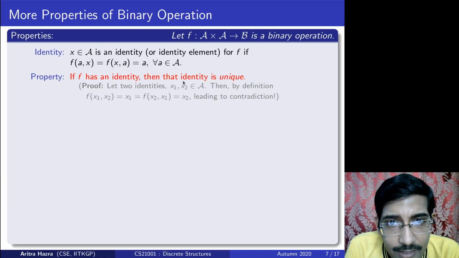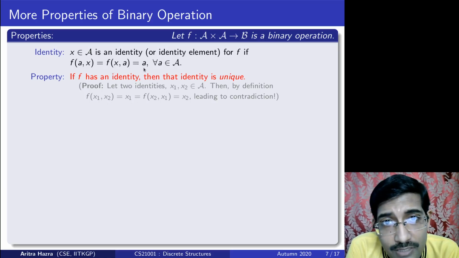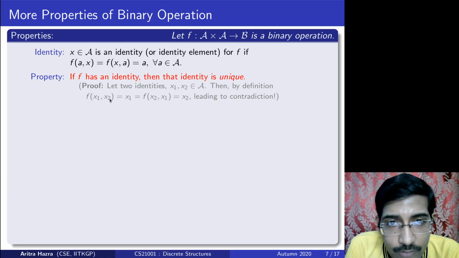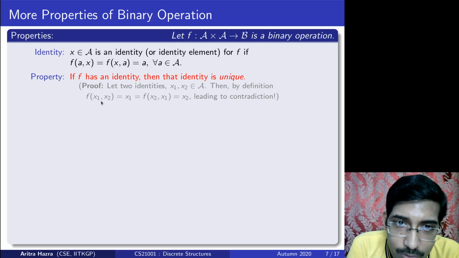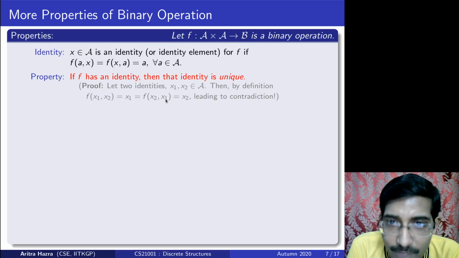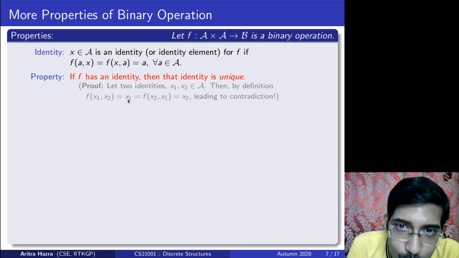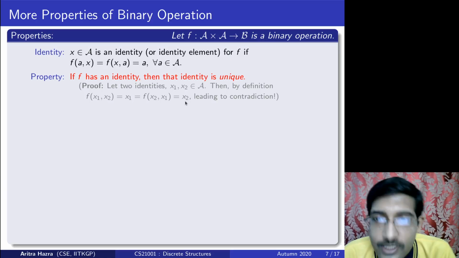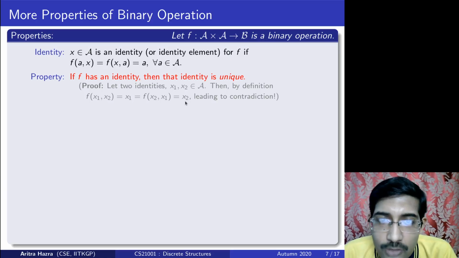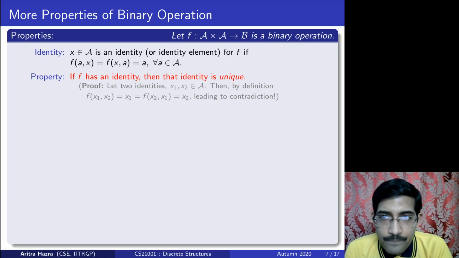Similarly, if you choose x2 as the identity, then f(x1, x2) will produce x1 as the answer. Since it is commutative, f(x1, x2) equals f(x2, x1): x1 will be the answer if you choose x2 to be the identity, and if you choose x1 to be the identity, the answer will be x2. This leads to a contradiction because these two identities are not different. Therefore, if f has an identity, it should be unique.